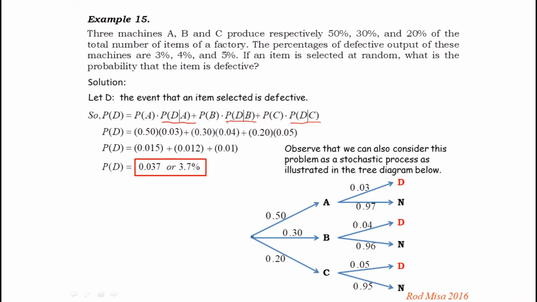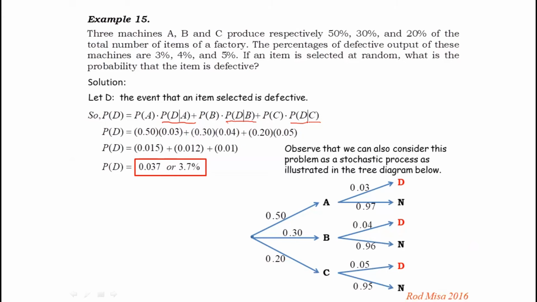So tracing the paths which end in a defective one, we just multiply their probabilities in each path. So selecting a defective item from machine A has a probability of 50% times 3%. But selecting a defective item from machine B has a probability of 30% times 4%.